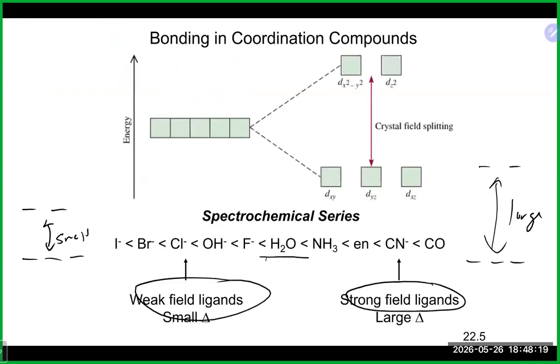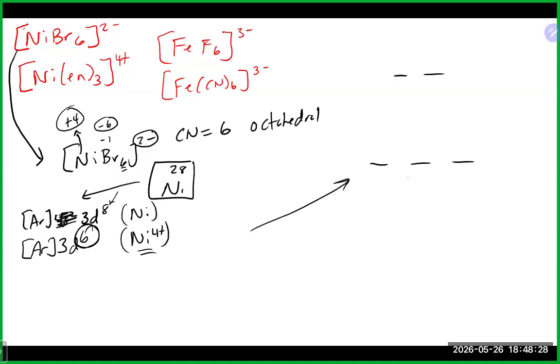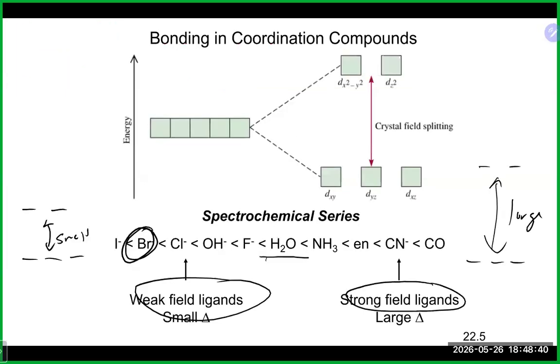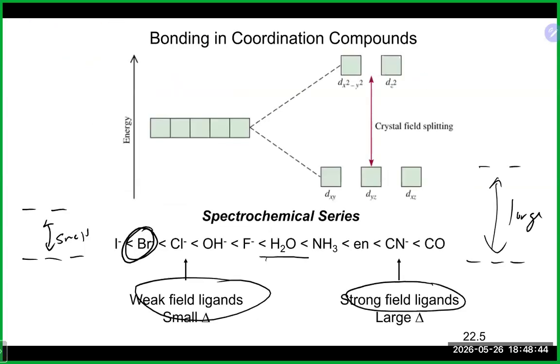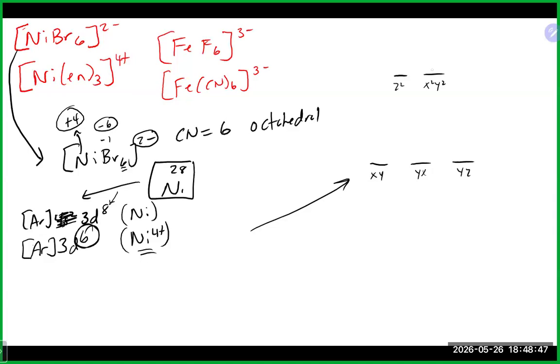So again, if we come back here, we could see that bromide is a weak field splitter. x squared, y squared, and z squared that way.